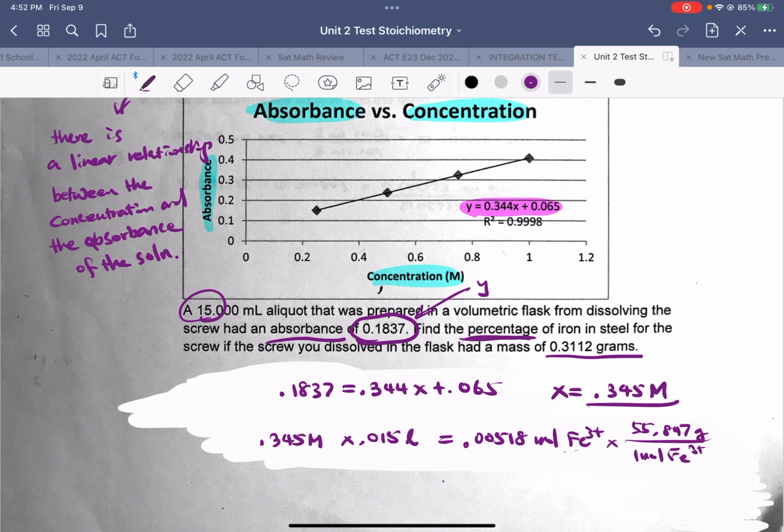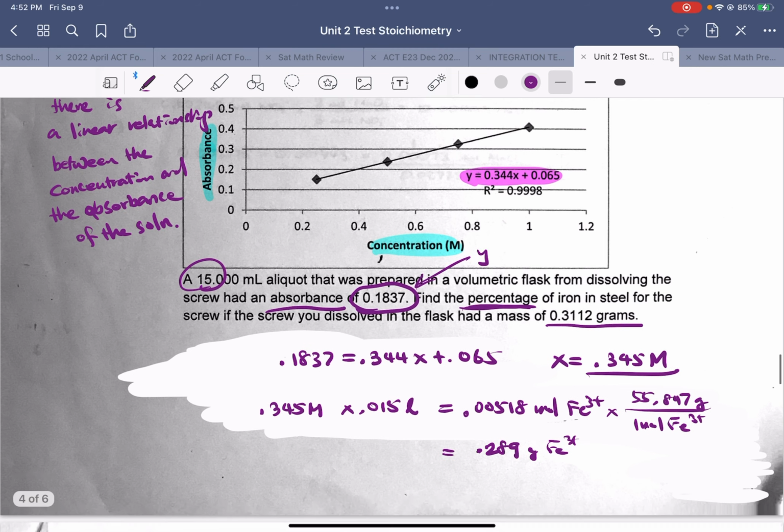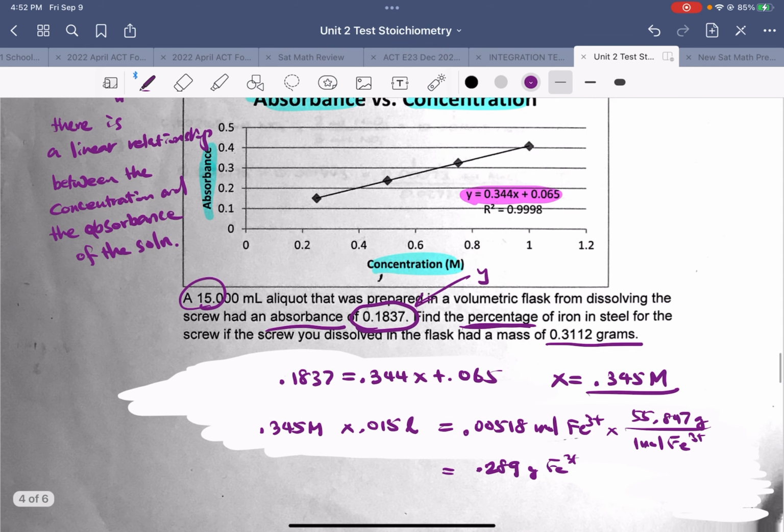When you multiply, I got 0.289 gram of Fe3+. But that's in grams, so what is the percentage by mass? That is divided by the mass they gave you, the mass of the dissolved screw.